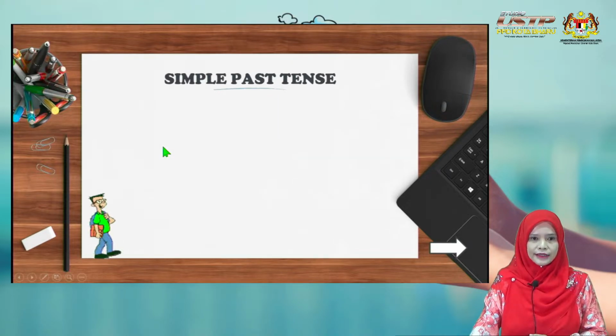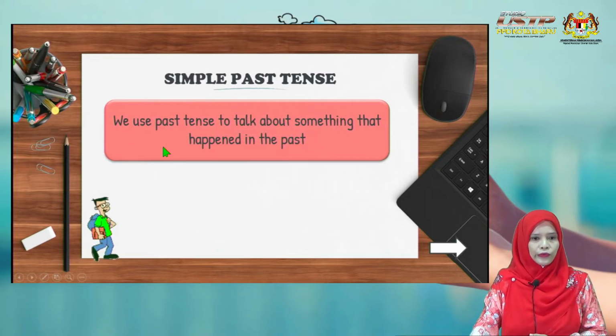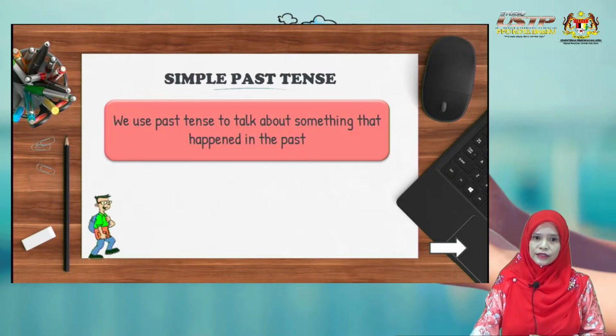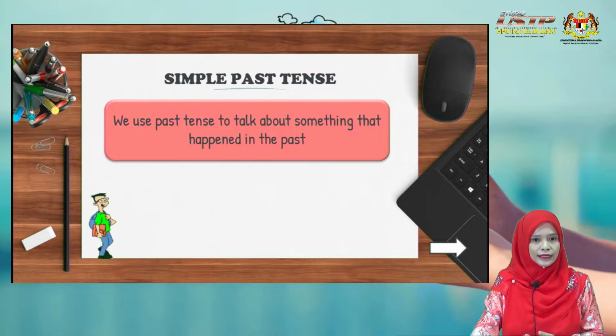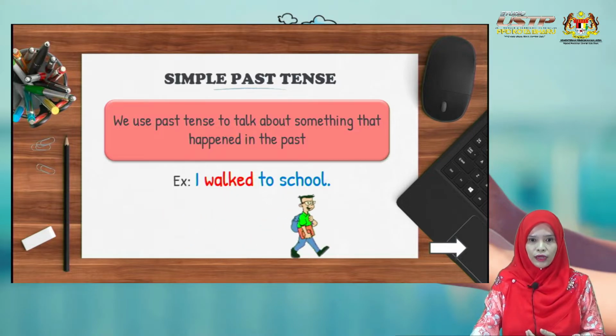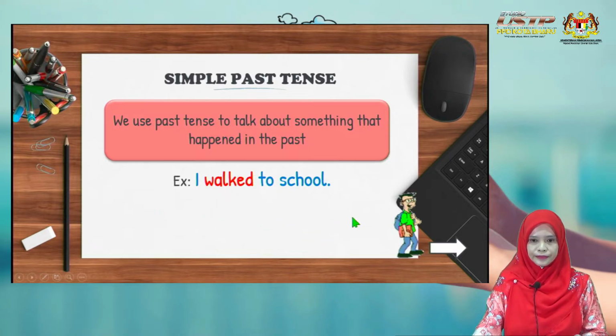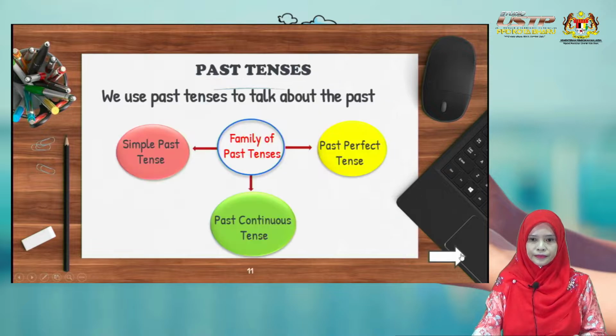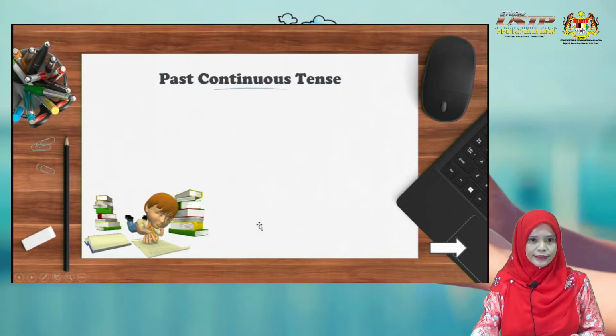Simple past tense. We use simple past tense to talk about something that happened in the past. For example, I walked to school. Past continuous tense.